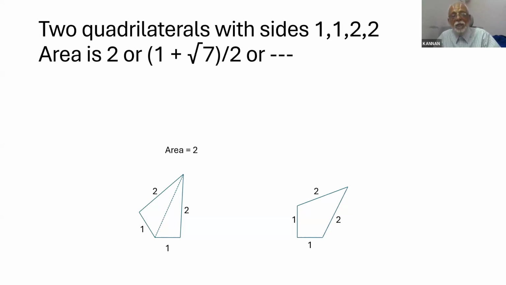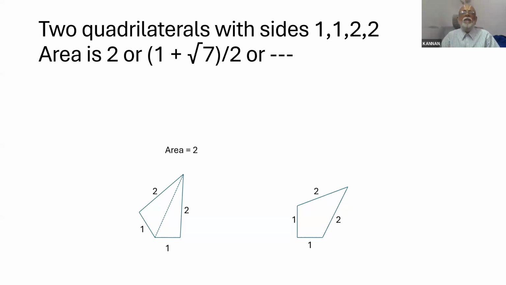The first one is cyclic, the second one is not cyclic. The cyclic one will always have the maximum area. The non-cyclic ones, the area will always be less. What can be the area if you ask? From 1 plus root 7 by 2 to 2, between these two numbers, if you take any other number also, it is possible to draw a quadrilateral whose area is that number.